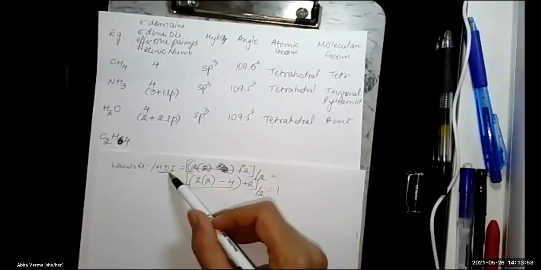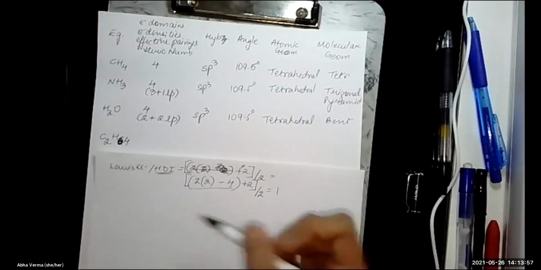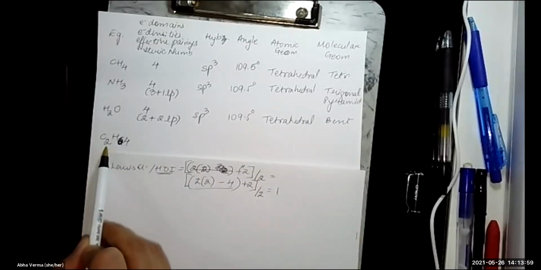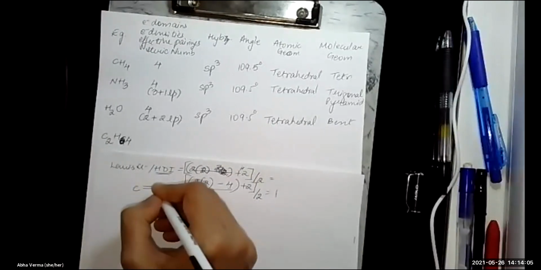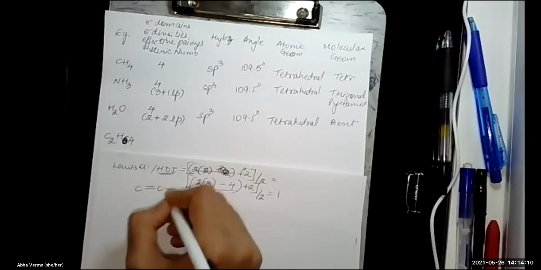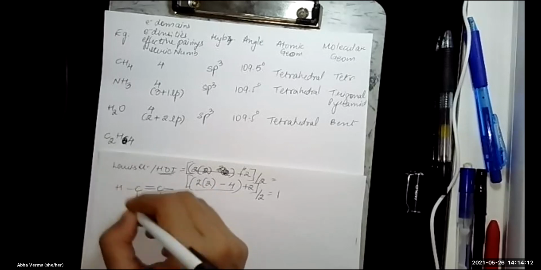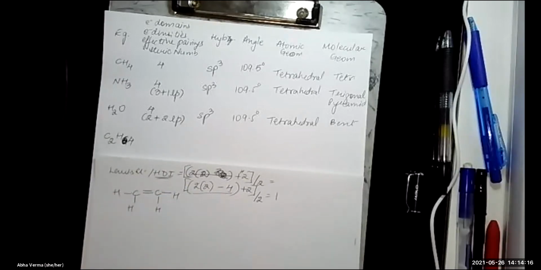What does this indicate? I will either have a pi bond or I will have a ring. However, with 2 carbons, I cannot have a ring. What I will have is a pi bond. And now I will just fill in my hydrogens. Don't worry, I'm not writing the correct structure. I'm just still drawing the square thing.